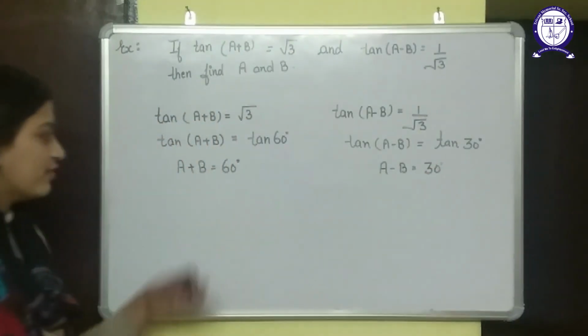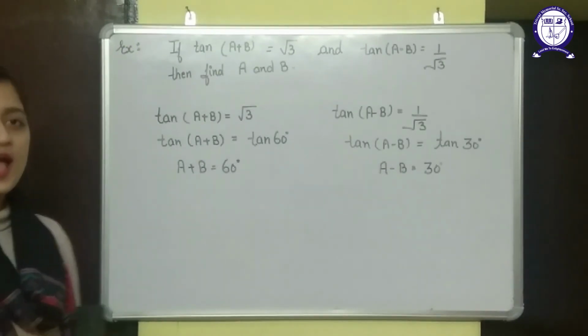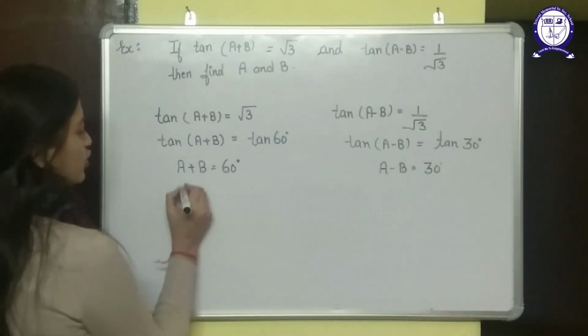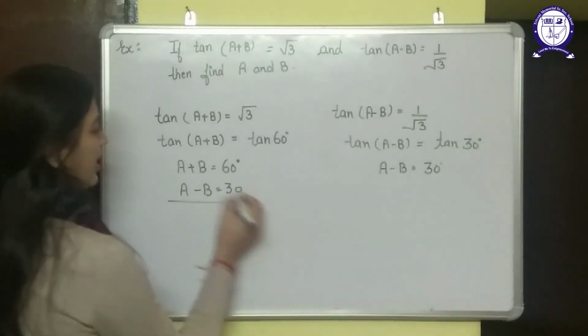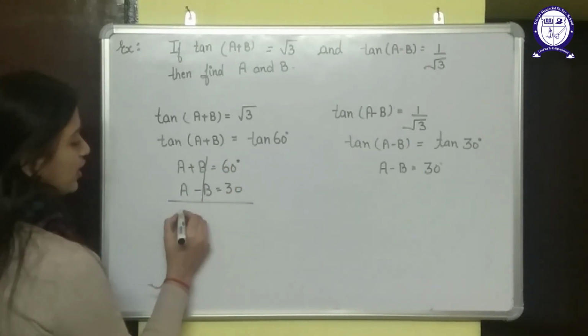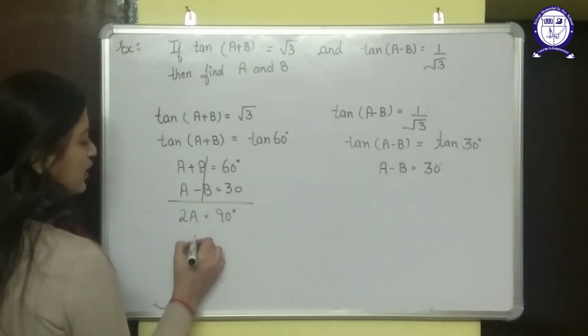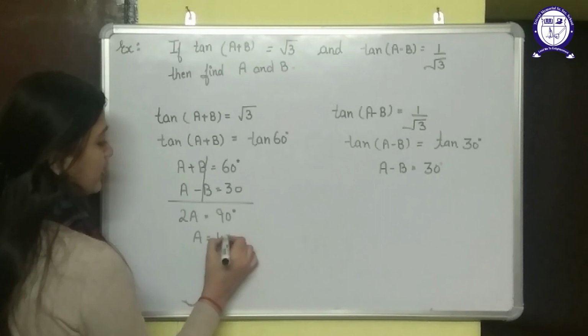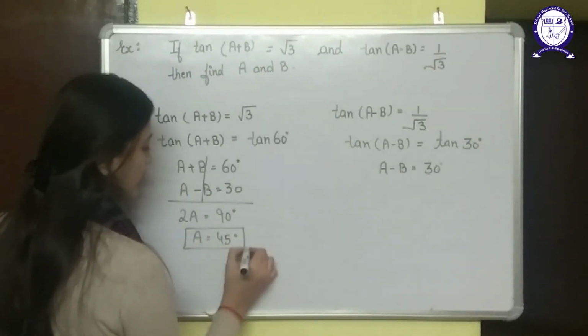Now you can see I have very simple equations here and I can easily solve it by elimination method also. So I am applying elimination method. I will cancel this B and B. 2A is equals to 90 degree. So my A is 45 degrees. So the value of A is 45.